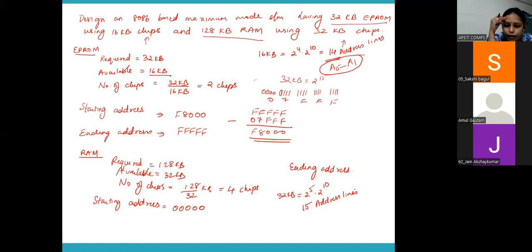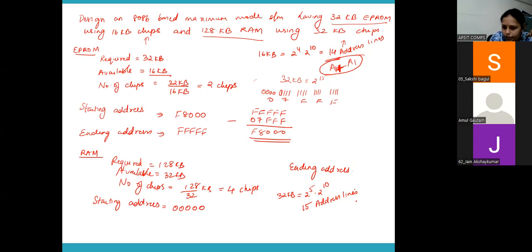Forgot about memory banking? Yes, A0 is used for selecting the memory bank. It is not used for address selection, right? So that is why I have written it as A1 to A14. Sorry, A1 to A14.